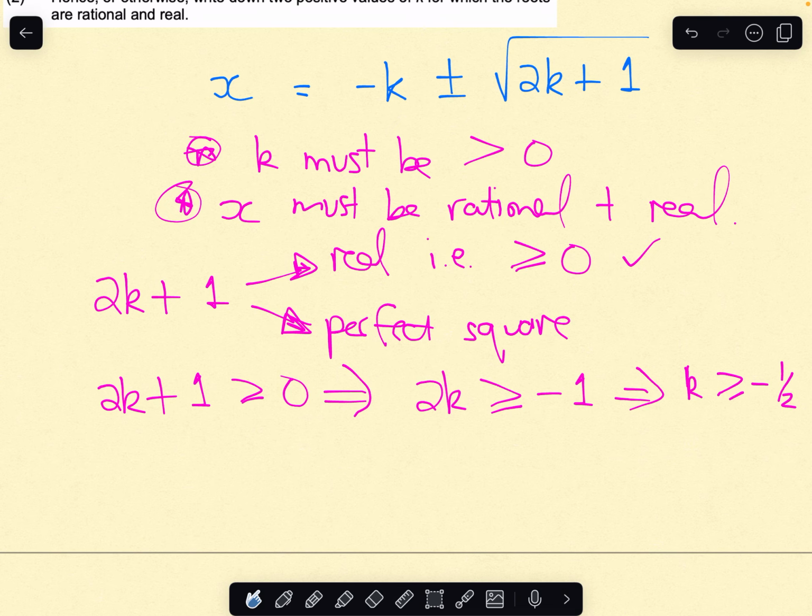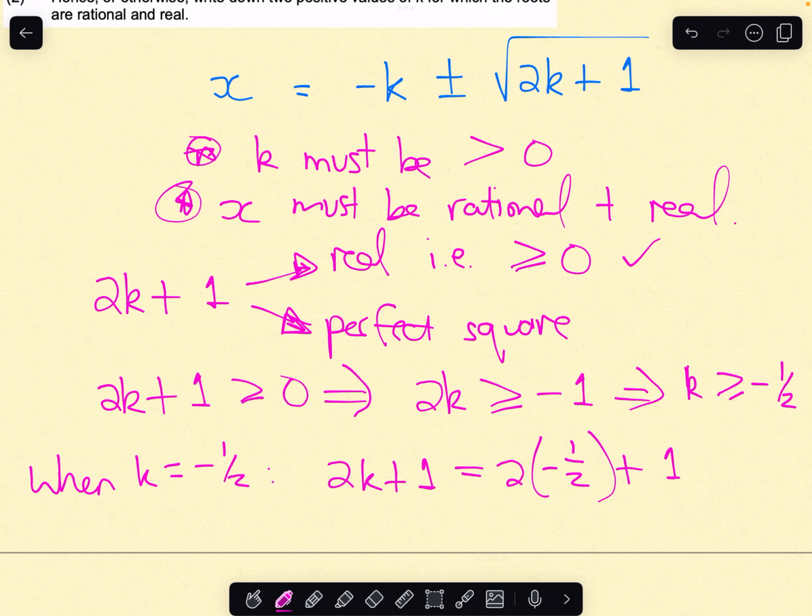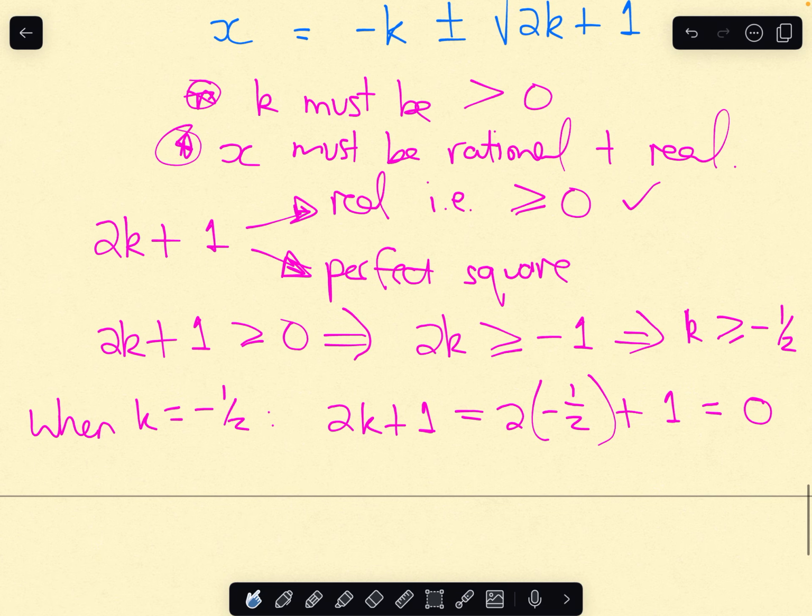Because the smallest value of 2k plus 1, if we're looking from minus a half onwards, is going to be, let's explain what we're saying here, 2 times minus a half plus 1, which will be minus 1 plus 1, which is 0. Oh, but this is not a positive value for k, so minus a half doesn't count. Right, so why did I do that?